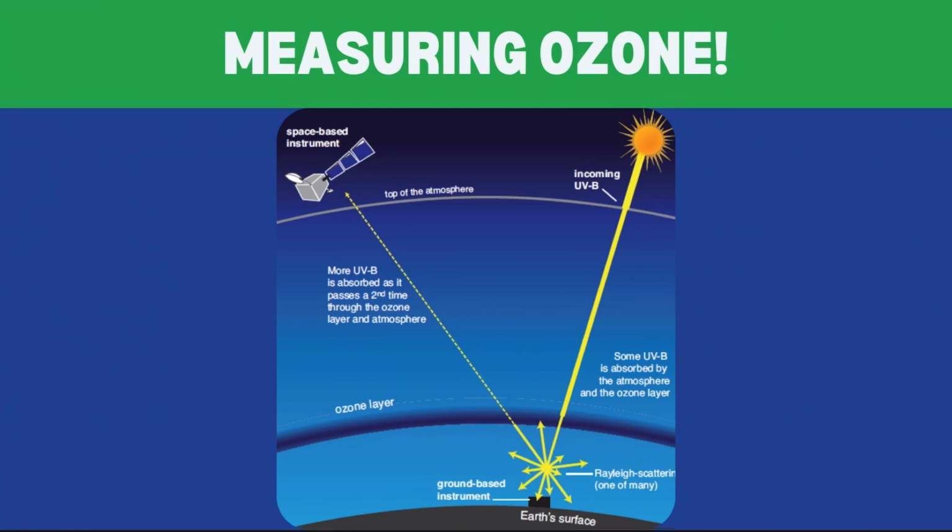This measurement technique is depicted in this figure. We can calculate how much UVB light the space-based instrument would observe if there were no ozone. However, the amount of UV measured is much less because the UV passes through the atmosphere a second time. Again, from the amount of UVB that is missing, we can calculate the amount of ozone.